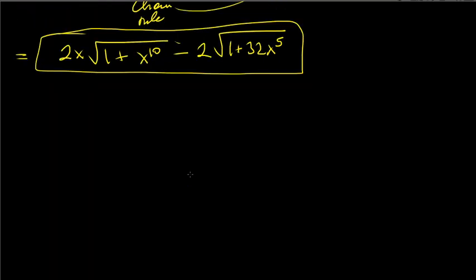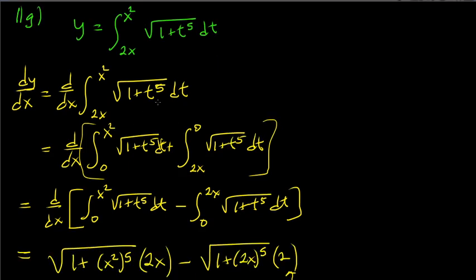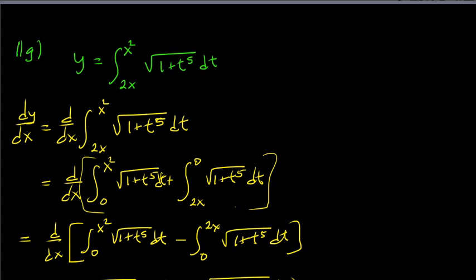Okay. So yeah, tricky one if you don't know how to split it up into the two parts here. The property, I think this comes from section, I want to say 4.3 or 4.4. Right?